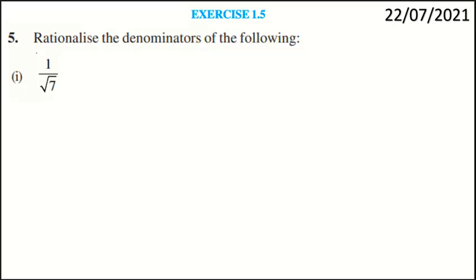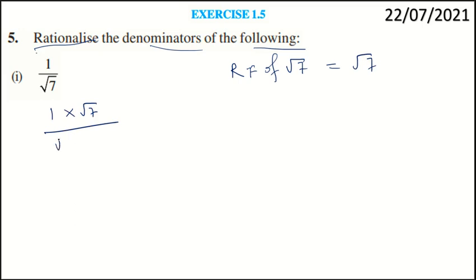In question number 5, we have to rationalize the denominators of the following. You know, while rationalizing the denominator, we need to find the rationalizing factor of these irrational denominators and multiply it to both the numerator and the denominator.